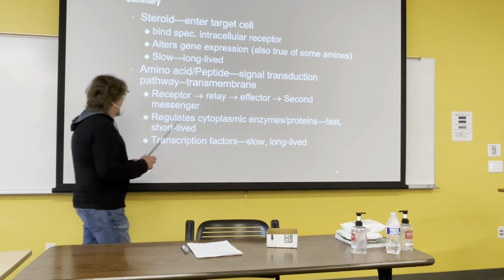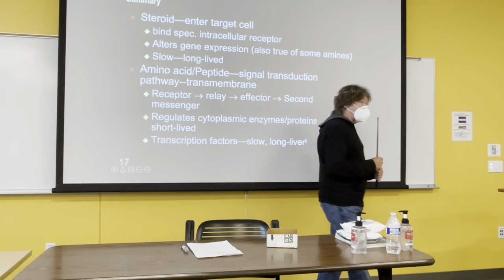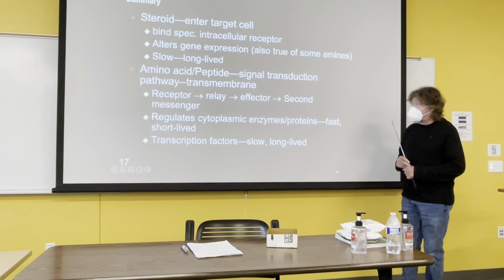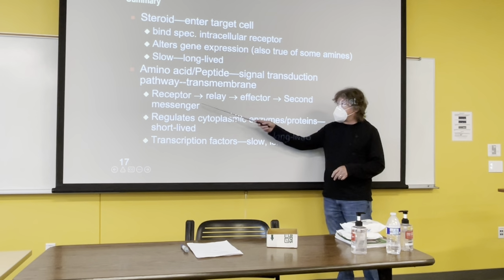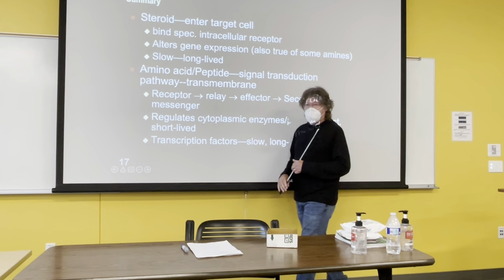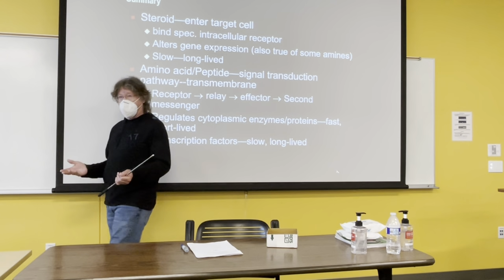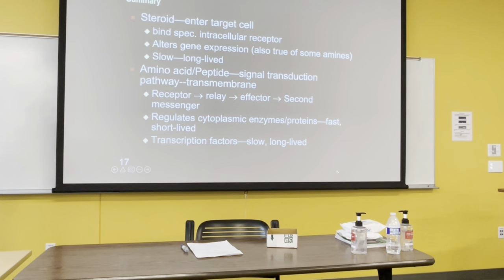On the other hand, those that are hydrophilic, usually amino acid derivatives, short peptides, glycoproteins, and so forth, change the activity in the cell by binding to an external receptor. So it's actually a transmembrane receptor in the plasma membrane. But the binding site for the hormone is on the outside of the cell, and therefore the hormone does not pass into the cell unlike steroid hormones do.